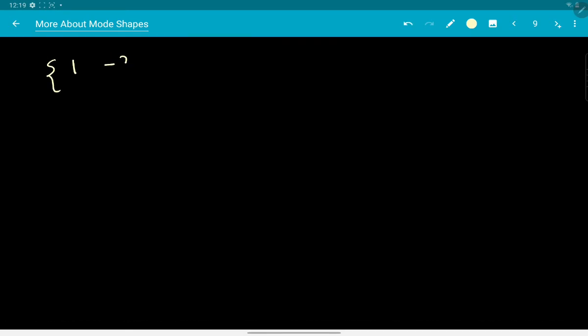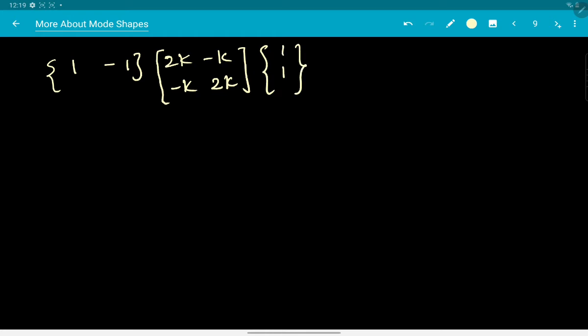So this was x2 transpose, I have already taken transpose of it, times k, which was 2k, minus k, minus k, 2k, multiplied by the first eigenvector or first mode shape, 1, 1. Then that comes out to be 2k minus k, which is k.